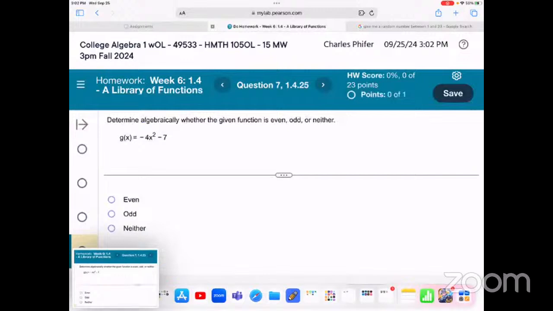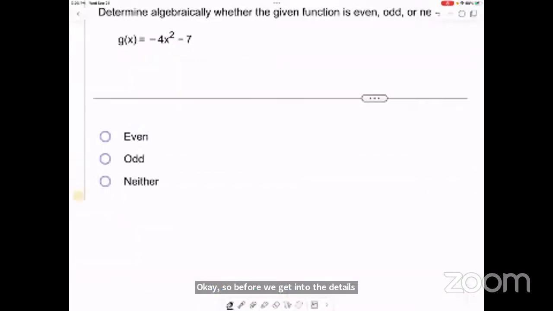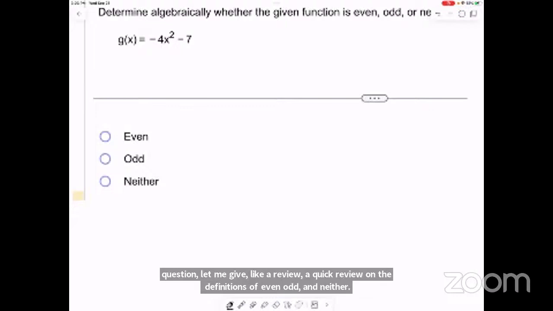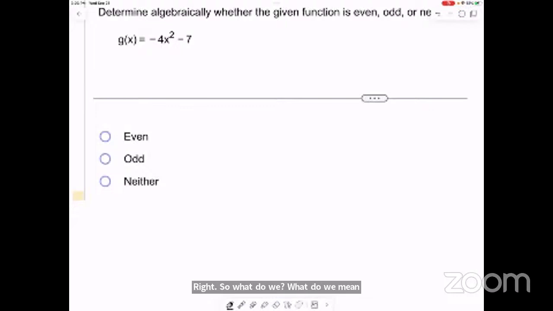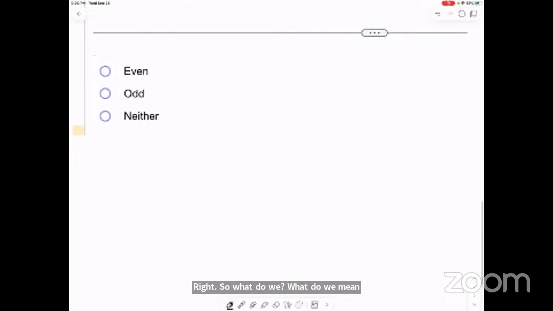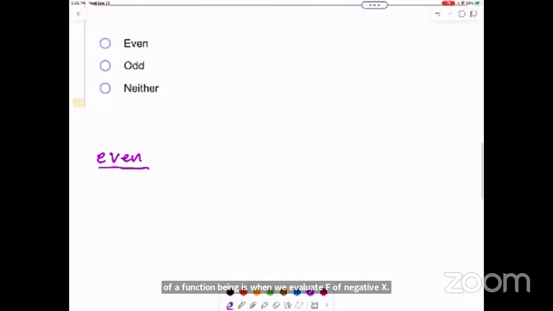Before we get into the details for this question, let me give a quick review on the definitions of even, odd, and neither. What do we mean by an even function? The definition of a function being even is when we evaluate f of negative x, it takes us back to the original.